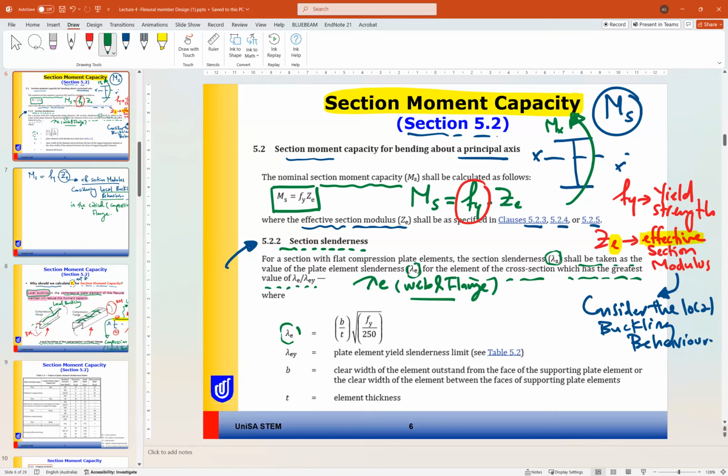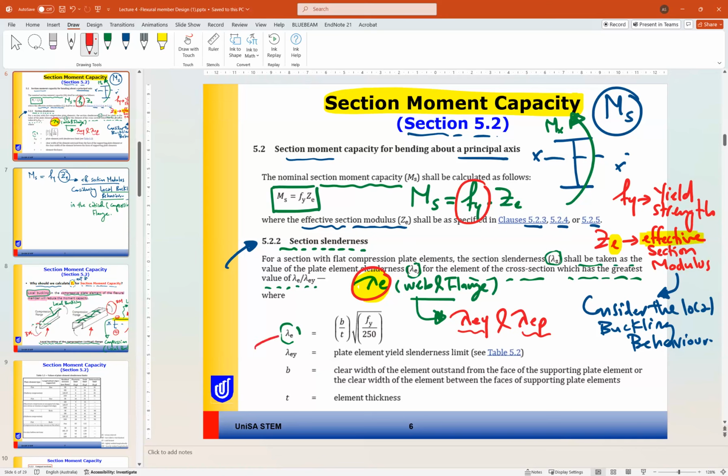Then we compare with the limits. After you get lambda effective, you need to compare it with the limits for lambda effective. We have lambda ey and lambda ep, so lambda effective yield and lambda effective plastic. Let's first get lambda effective.